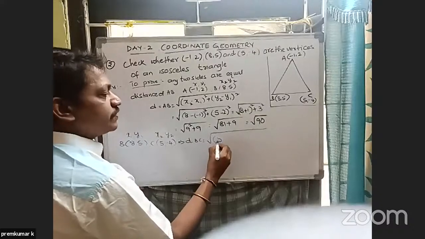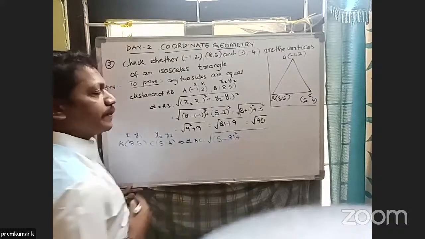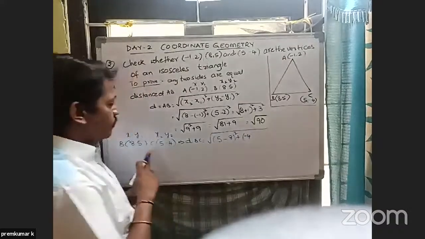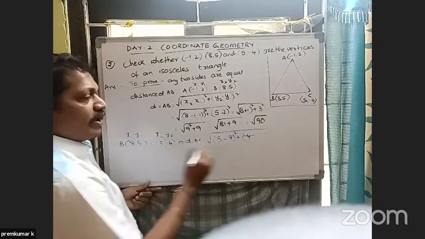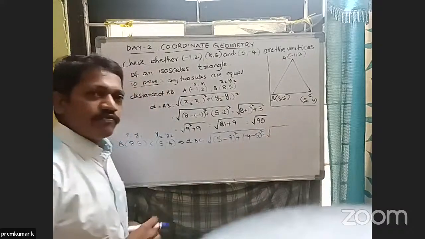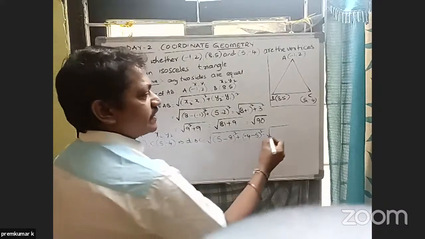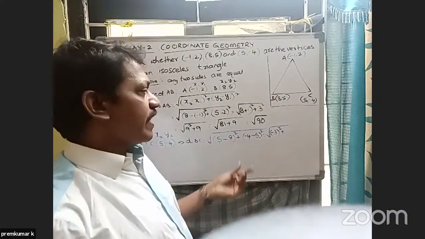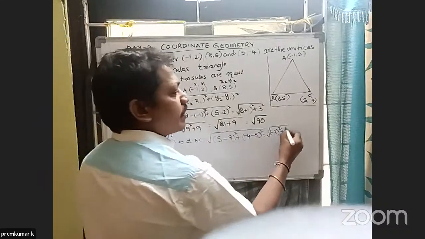X2 5 minus x1 8 whole square, y2 -4, minus y1 is 5. 5 minus 8, this is -3 square. -4 and -5 both are negative signs, we have to add and put minus symbol, that is -9 square.